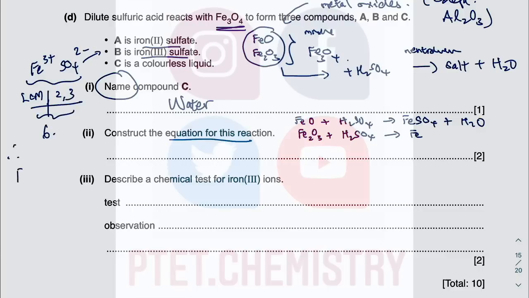Therefore, you need 2 of iron 3+ and you need 3 of the sulfate, because this is only minus 2. How do you get to 6? You need 3 of them. This is 3+. How do you get to 6? You need 2 of them. This is LCM. You need to reach a common ground, right? That's what you learn in primary school.